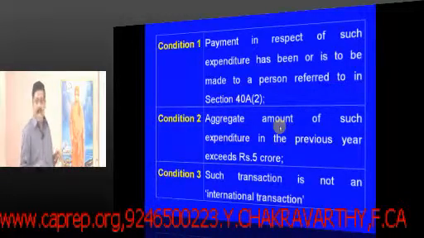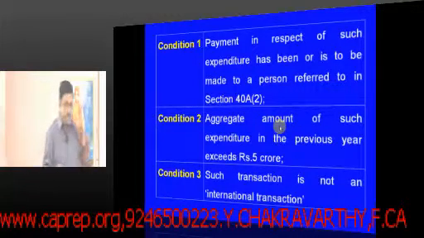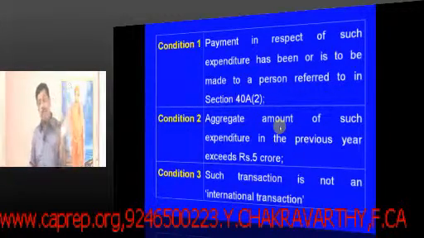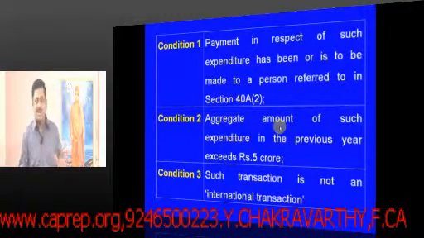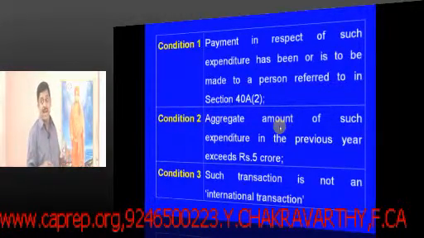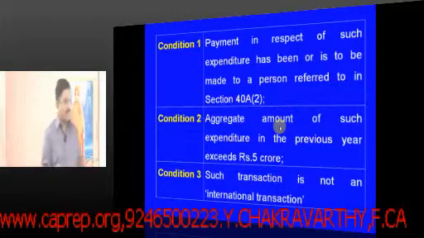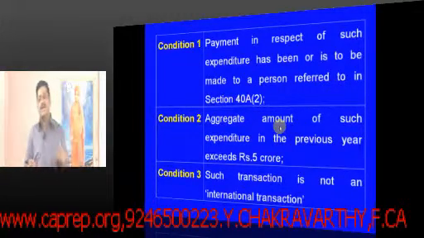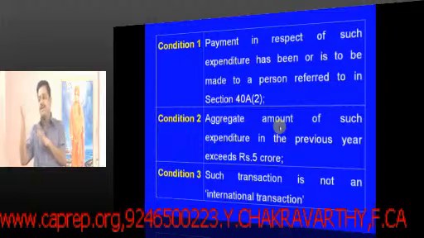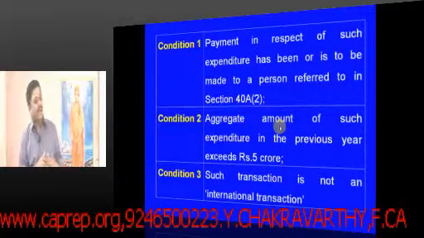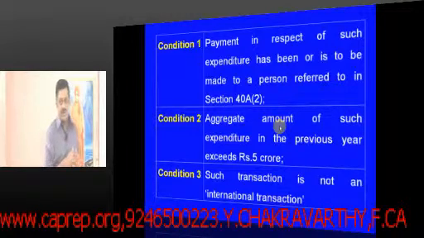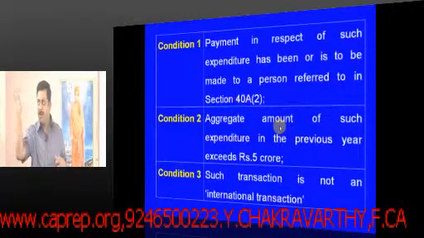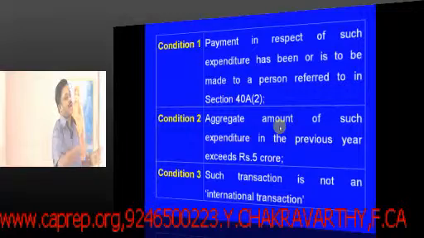Second condition is that the aggregate amount of such expenditure in the previous year should be more than 5 crores. Third is that such a transaction is not an international transaction, because for international transactions there are already provisions to cut short the unreasonableness in those transactions. So specifically they want to bring similar provisions to the specific domestic transaction.